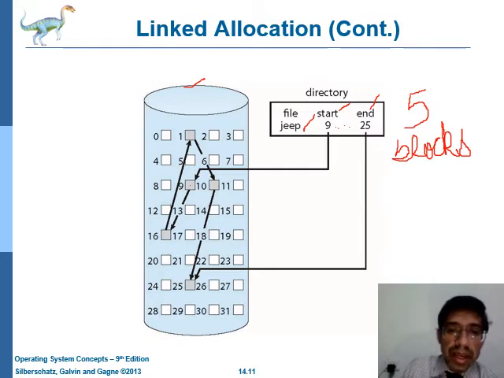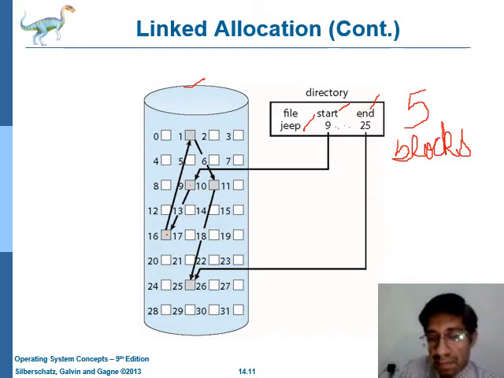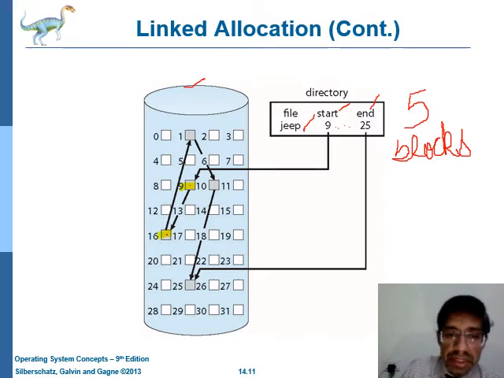Then block number 9 redirects the pointer to block number 16. So first you go to number 9, then you move to number 16. This is how you trace the path.